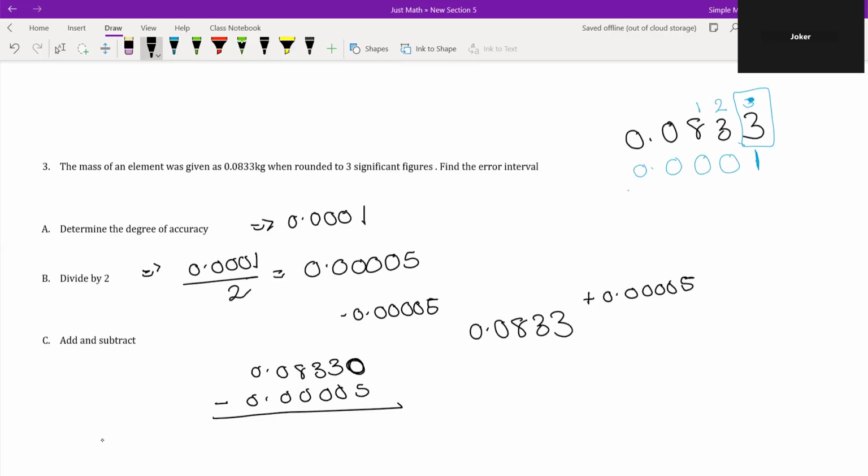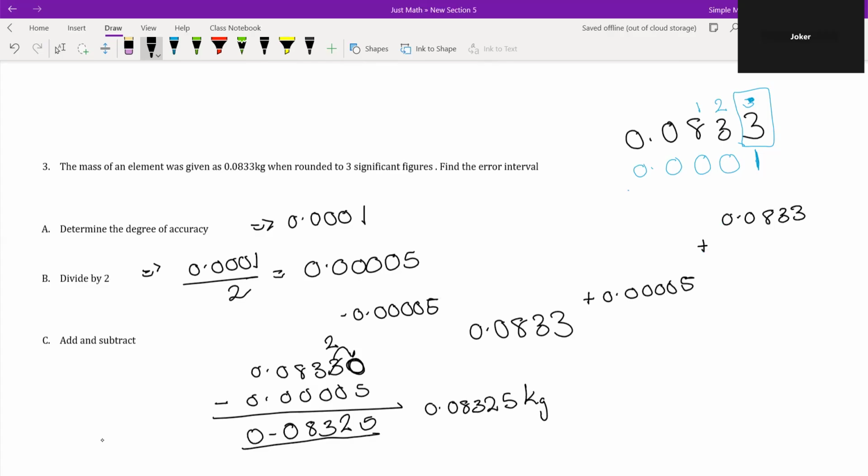What do I do? 0 can't subtract 5, so I bring 1 from the 3. This becomes 10. 10 minus 5 is 5. We are left with 2. So 2 minus 0 is 2, 3, 8, 0. So our lower limit will be 0.08325 kilograms.